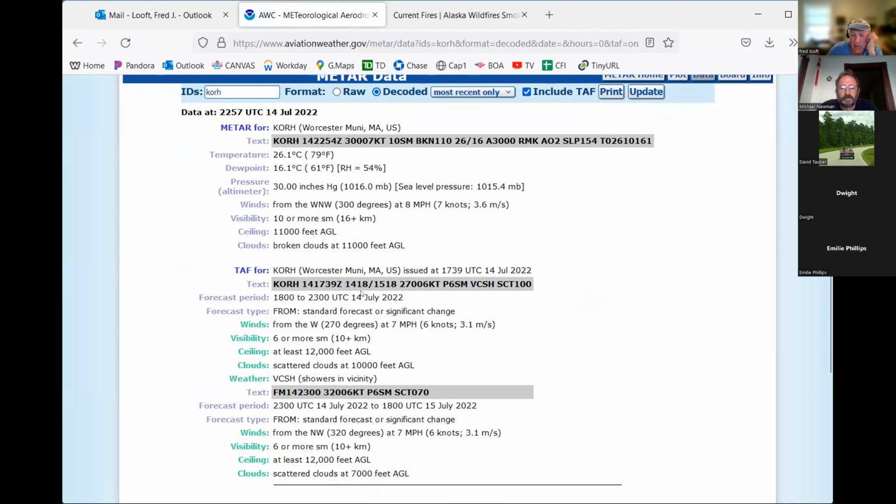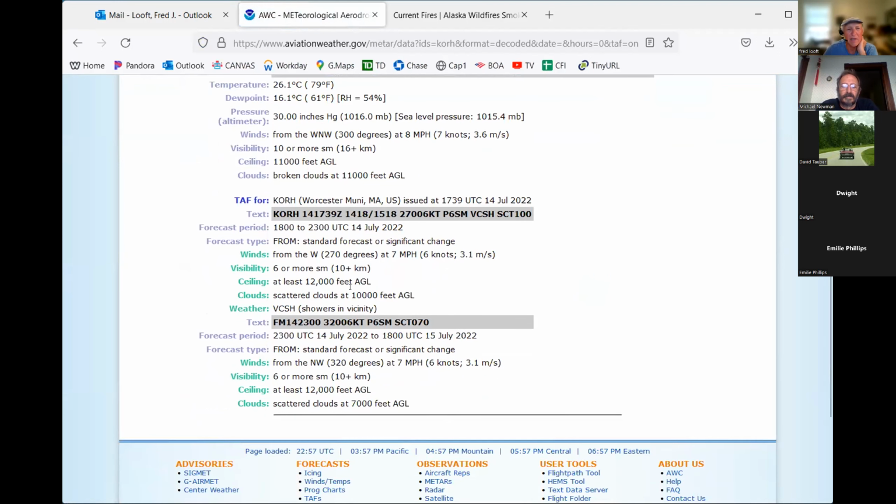I generally do not look at this until the morning of. I might look at it the night before, but generally this is a morning of, and you'll also get the same thing through WX Brief. You'll also get it for any other stations that report TAF information, but there's not a lot around us that report TAF information. So Worcester's kind of it for more local, what you might call local flying.